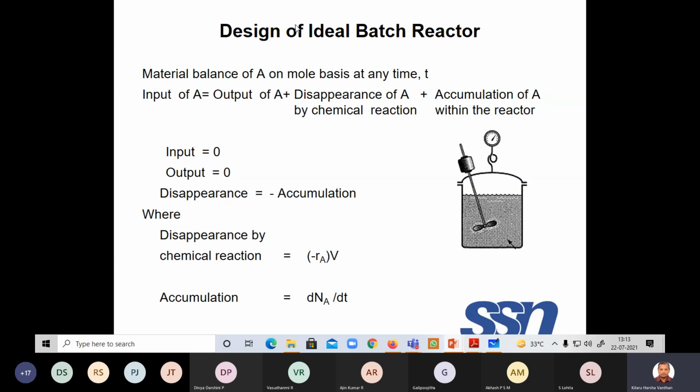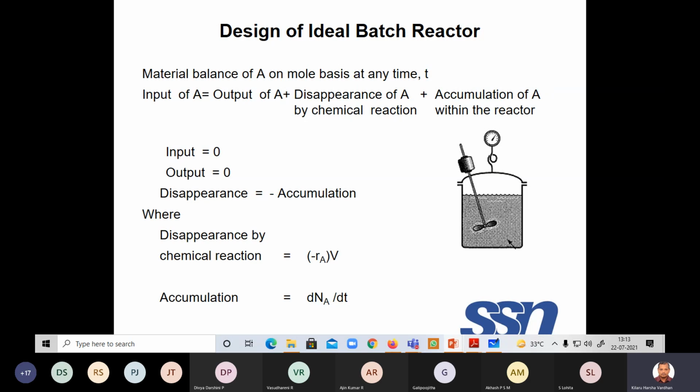That is what I mean by the non-ideal study. We'll see what non-idealities are present inside the reactor and how we can find the conversion from those non-ideal reactors. If you want a design equation, we need to do a material balance around this. Material balance and energy balance you might have already studied.